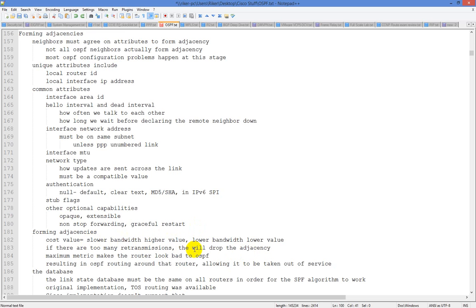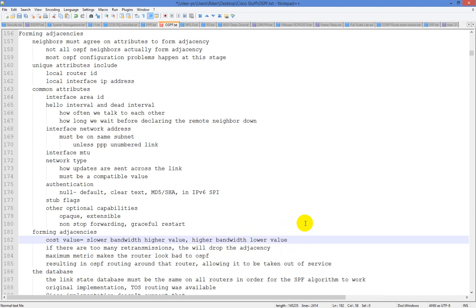Slower bandwidth, higher value. Higher bandwidth, lower value. Sorry about that, because I was like, wait, no, that doesn't make sense.